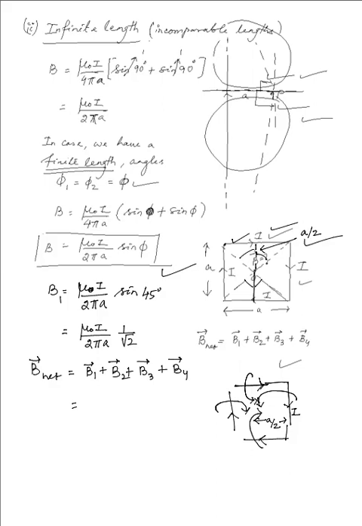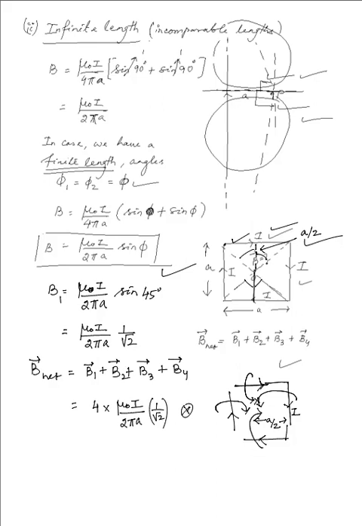There is no need to consider the angle now, so they will all be directed along the same direction. So it is 4 times what we had obtained for B1, with 1 by root 2, that is for the sine 45 in each case, and all will be directed into the plane, which is denoted by the cross encircled.